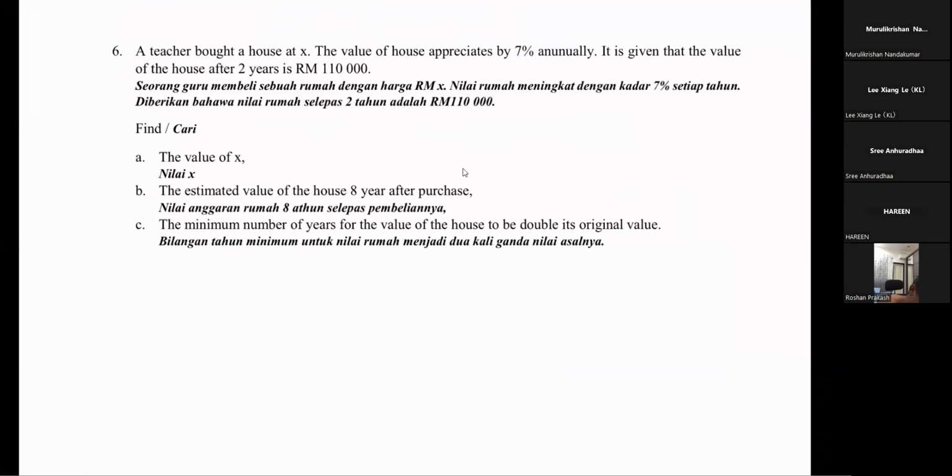Okay, a teacher bought her house at X. Okay, the value of the house increases exponentially by 7% annually. It is given that the value of the house after 2 years is 11000. Find the value of X.